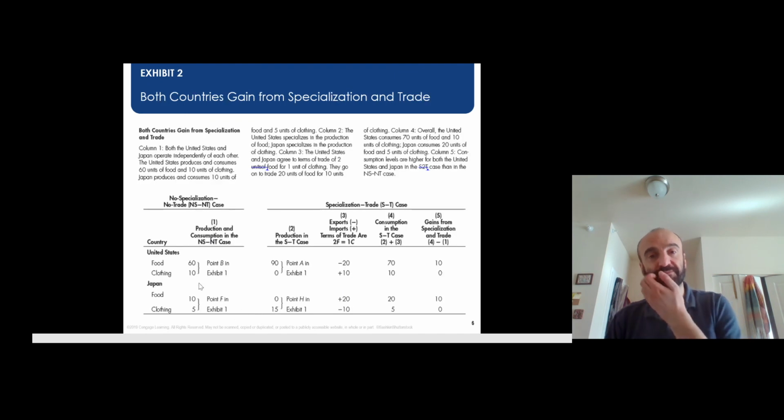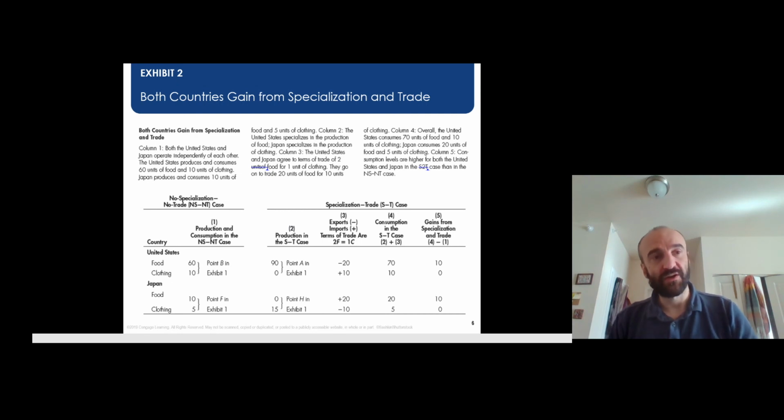We don't want to complicate things with all these calculations. You can take a look later at how this exchange can take place. But the key point here is that specialization and trade allow countries to consume more than they produce.